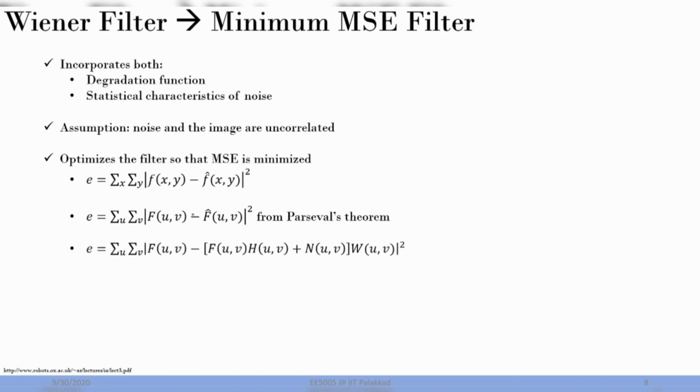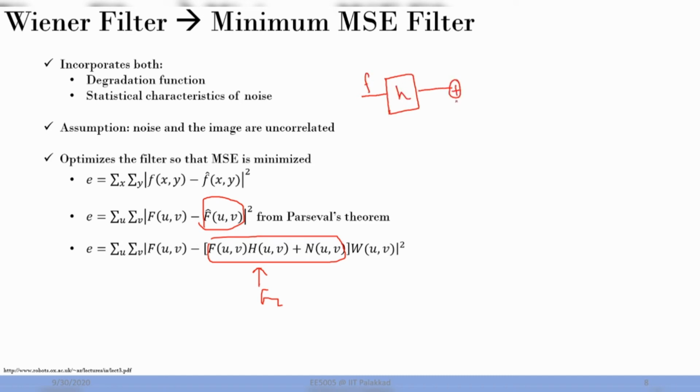If you expand this, you already know that it goes to this particular thing, and this is basically your G. This is your G, and then you have a filter which is going to multiply it. Always remember that block diagram. This is F, this is H, the degrading function.